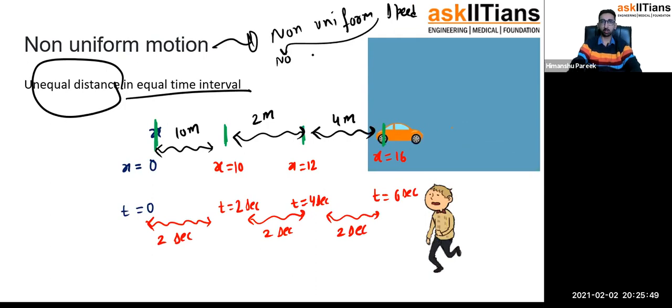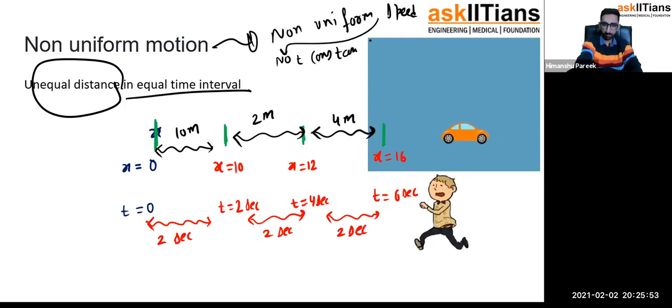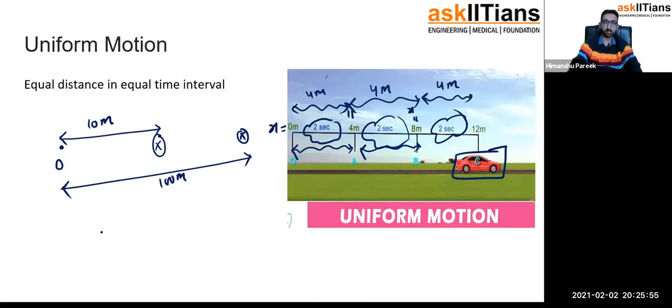Constant speed means uniform motion. Speed not constant means non-uniform motion.